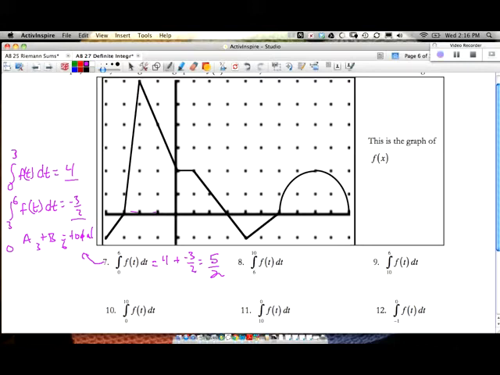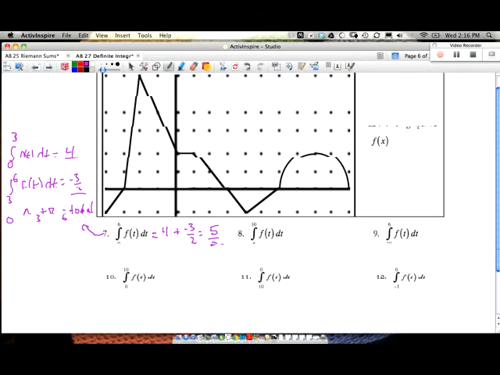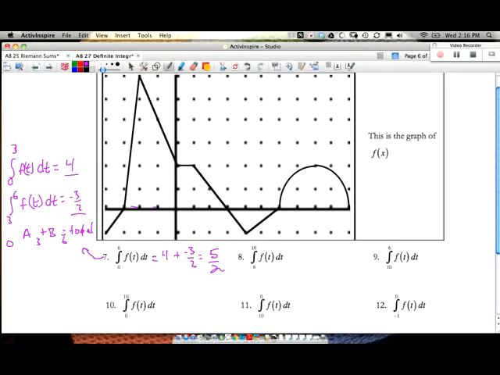All right, number 8. Now we're getting into circles. That's kind of interesting. So let's look at circles. We've got these circles happening. It's actually a semicircle. Let's do it in green. So I'm looking for this area for number 8, from 6 to 10. 6, 7, 8, 9, 10. So I see that it's a circle. I know that the area of a circle is equal to pi times the radius squared.